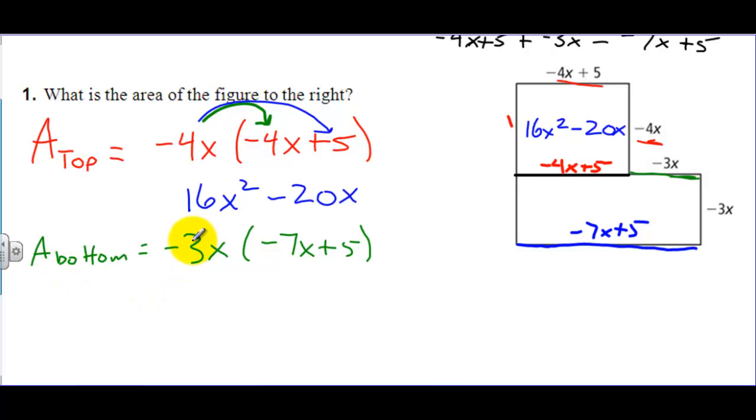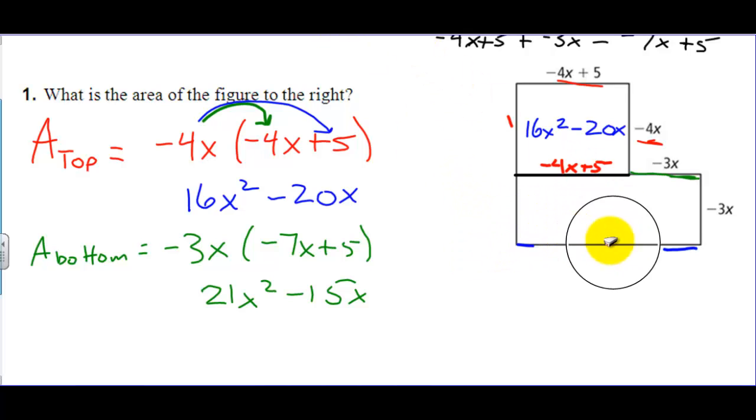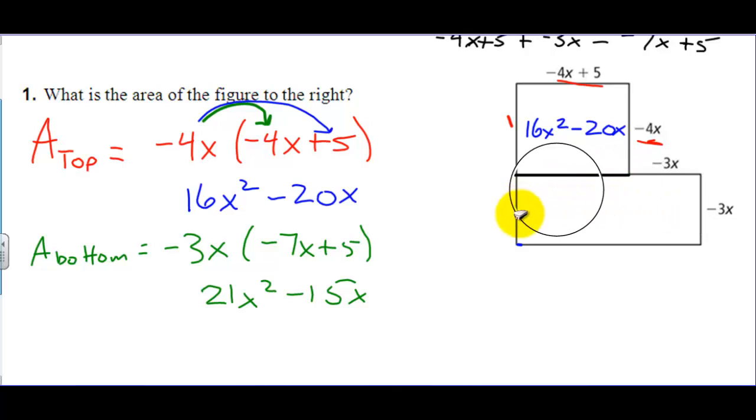Distribute negative 3x times negative 7x. Well, that's 21x squared. Negative 3x times 5 is negative 15x. So this bottom rectangle's area, length times width, is 21x squared minus 15x.